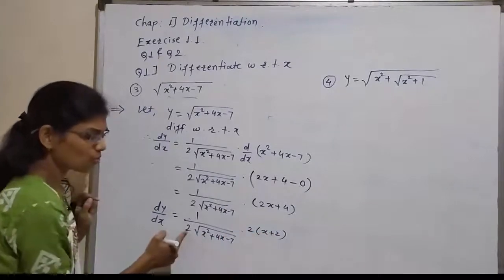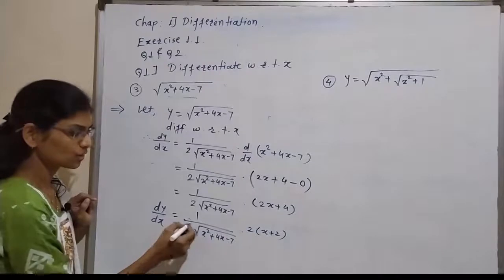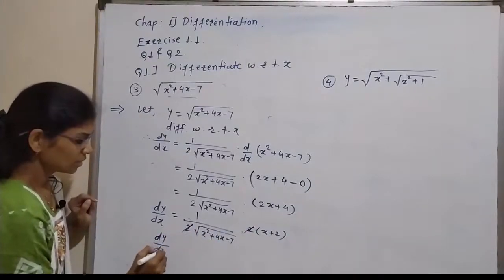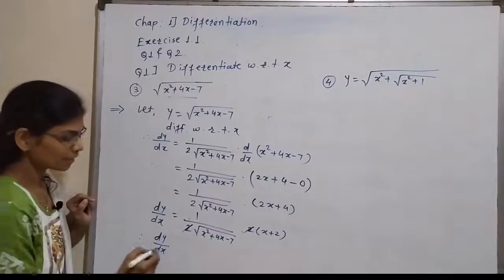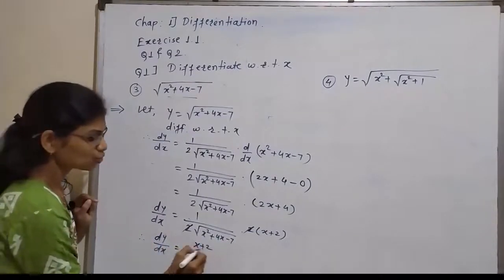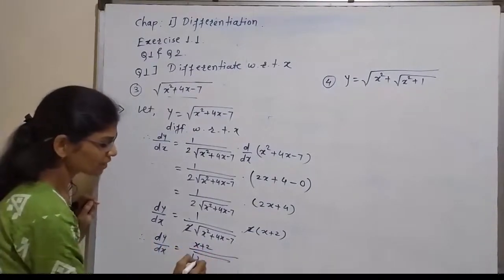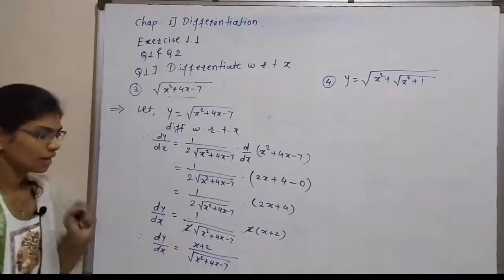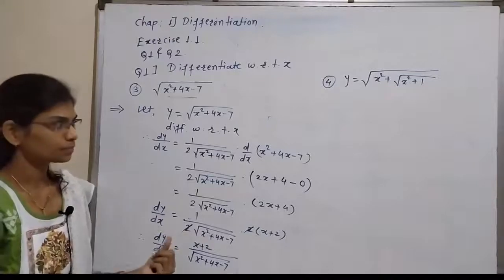That 2 is in the form of a multiplication with the first one, so the 2 gets cancelled. Therefore the final answer dy by dx is equal to x plus 2 divided by square root of x square plus 4x minus 7, and that is our final answer.